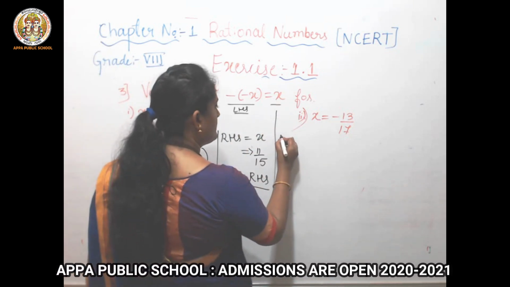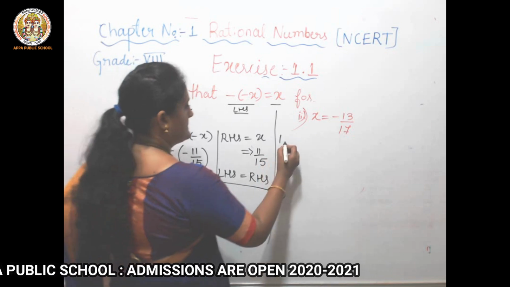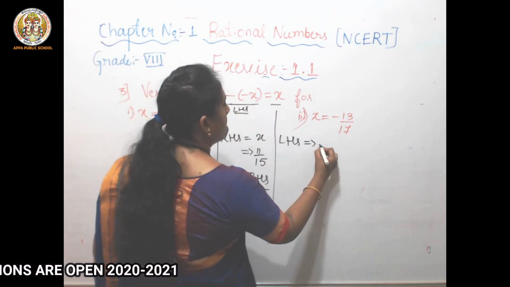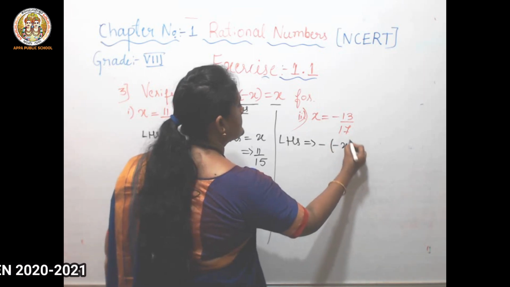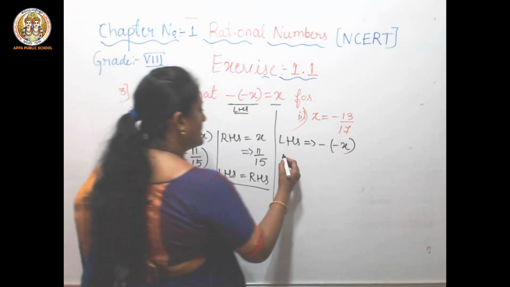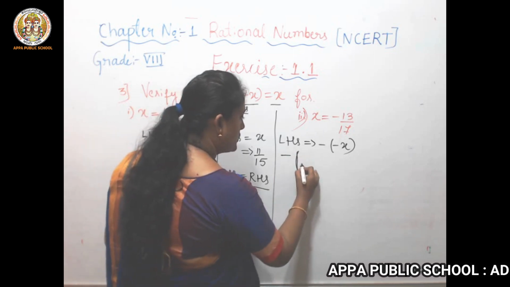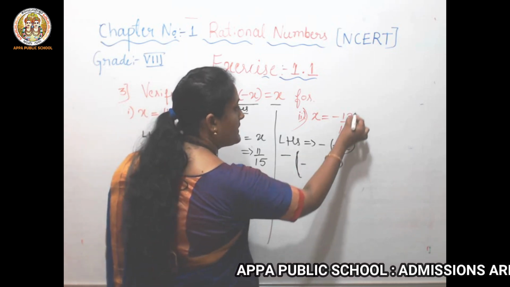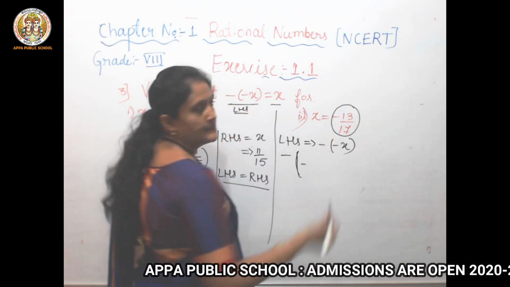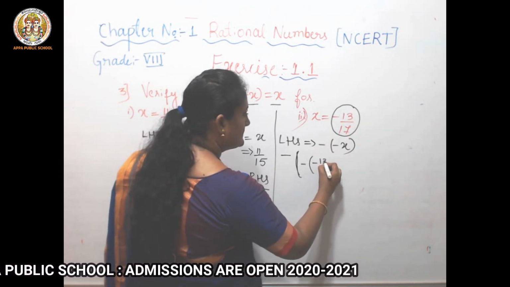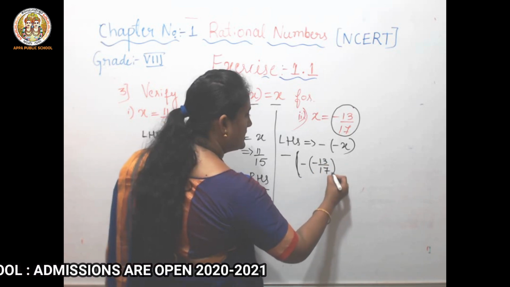So here also first we will solve the LHS side, that is this one. Minus x. Here it's small changes, so minus as it is, and this minus also as it is, and the x value we have here is negative, so that also we will write, that is minus 13 by 17.